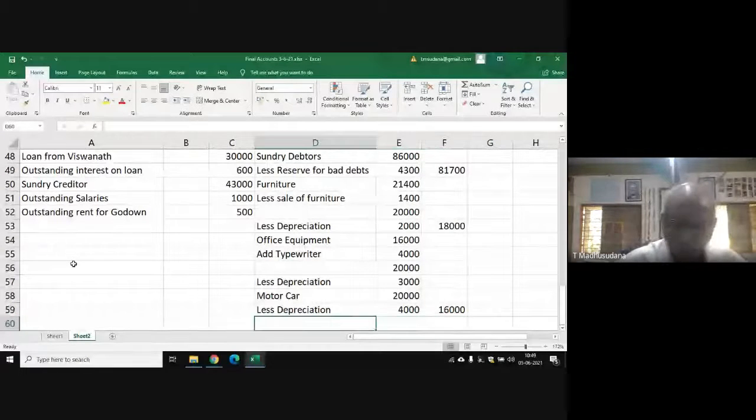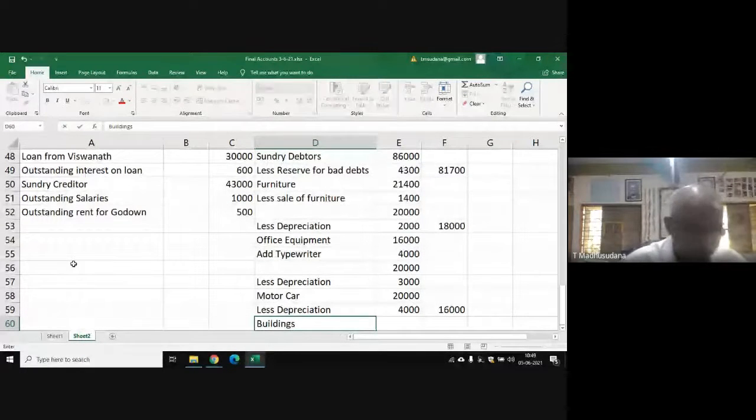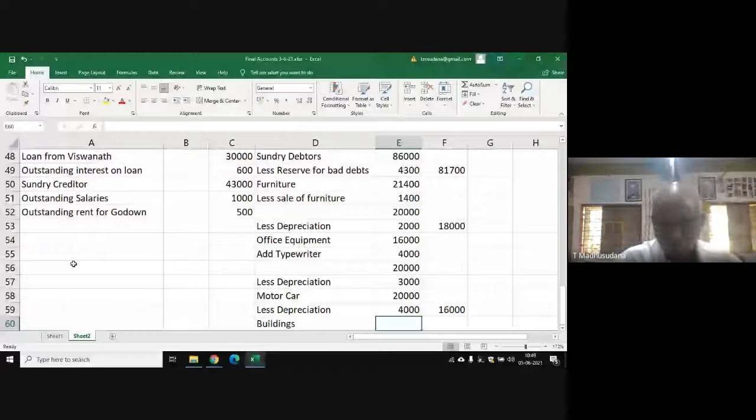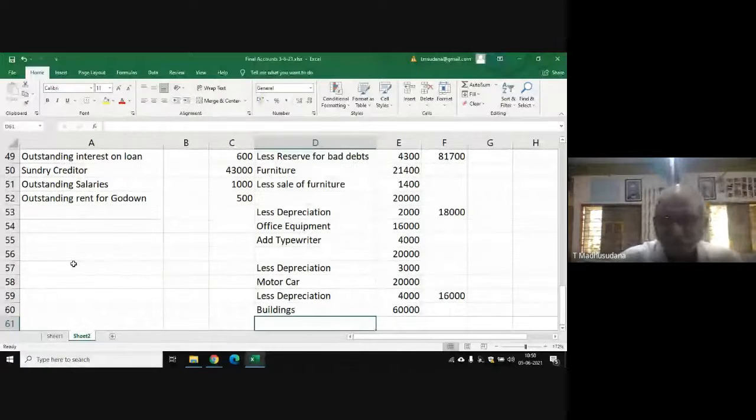Next, buildings. The total value of buildings is 60,000. If the total building were used for business purpose, on 60,000 we would have to calculate depreciation and deduct.